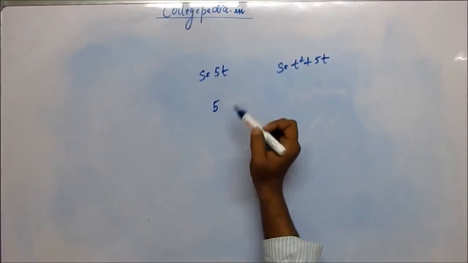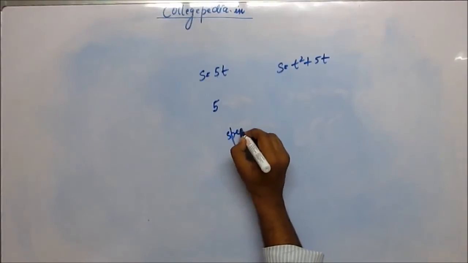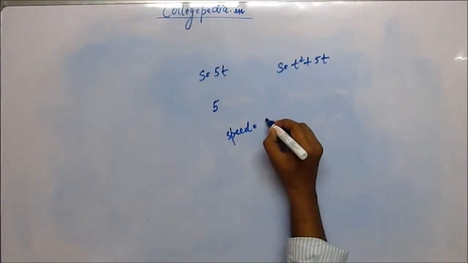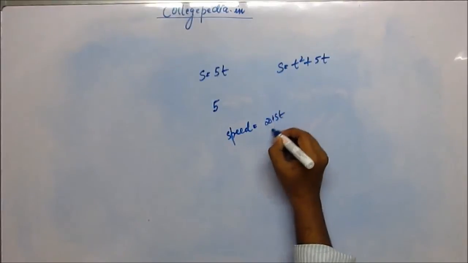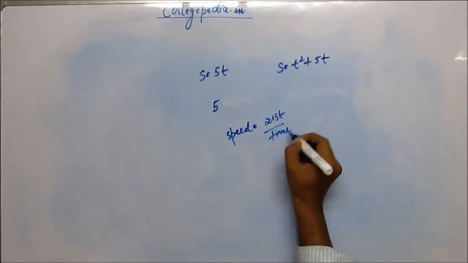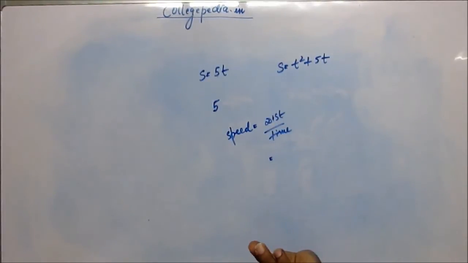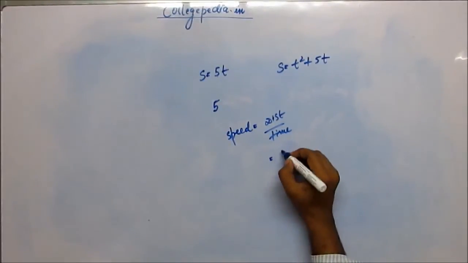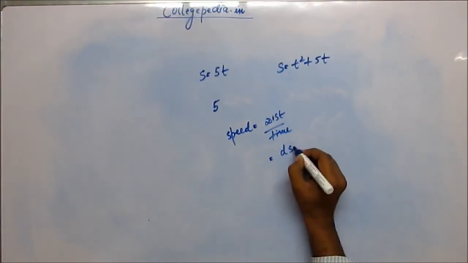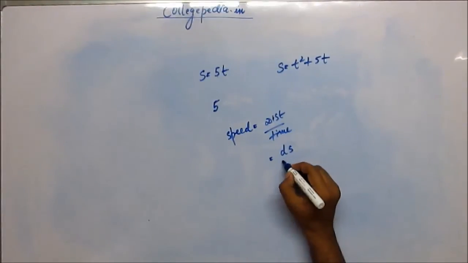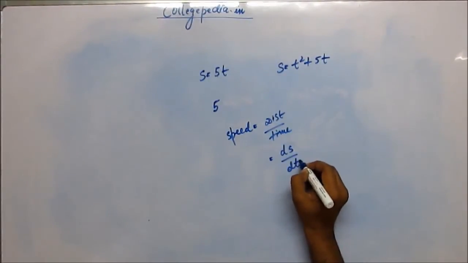So speed is distance upon time, or if we are looking for a very small time interval, or if we are looking for instantaneous speed, then the infinitesimally small change in distance upon the change in time.